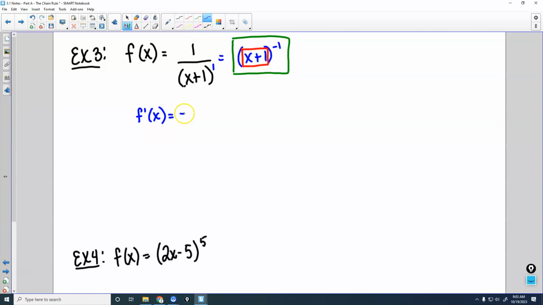So I would have negative 1 times x plus 1 to the negative 2 power, times the derivative of the inside, which is just 1. I'm going to write it so you know I didn't forget to take it, but you don't have to really write it. If I simplify this, I just have that negative 1. They would probably send the x plus 1 back down to the bottom and give it a positive exponent.